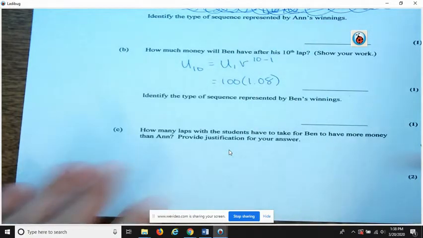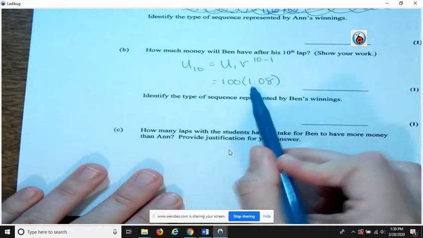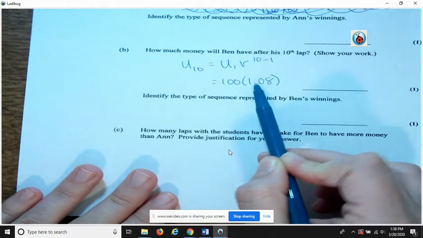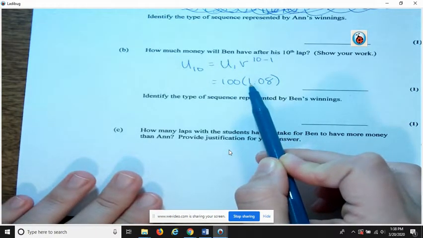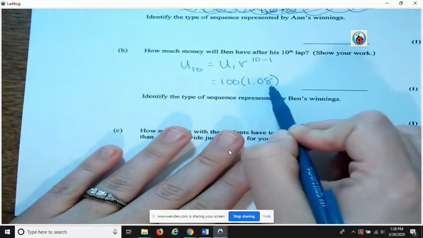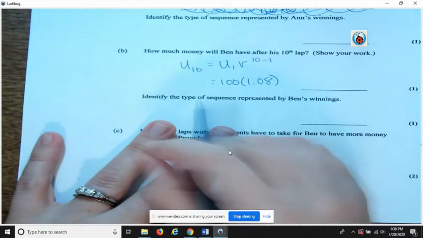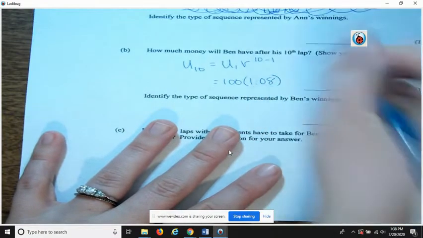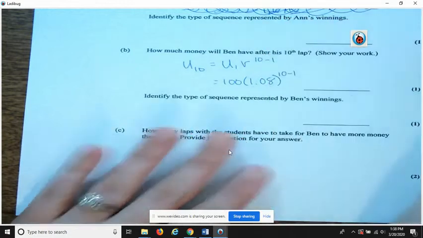This is because I want to take what I already had, so I'm multiplying by 1 here, because 1 gives me what I already started with, and then I'm multiplying it by the 0.08 and combining those two things. So that's why I have 1.08 as my rate, and then I want to put that to the 10 minus 1 power, which is 9.